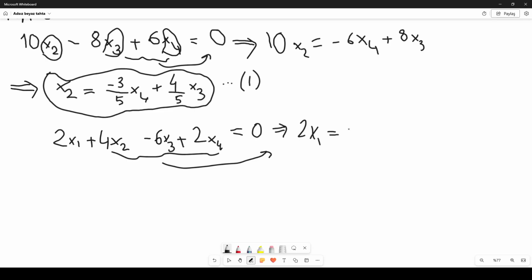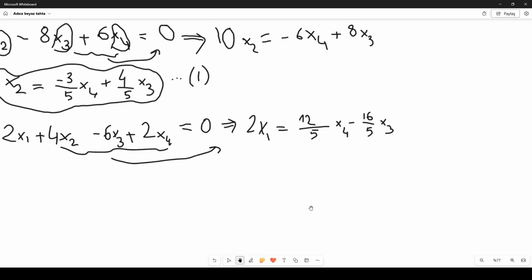Multiplying by minus 4, we got 12 over 5 x4 and minus 16 over 5 x3, and plus 6x3 and minus 2x4.